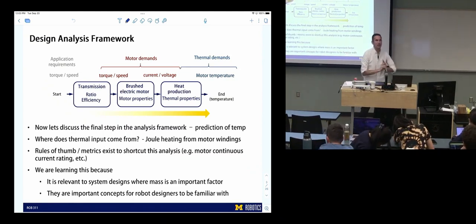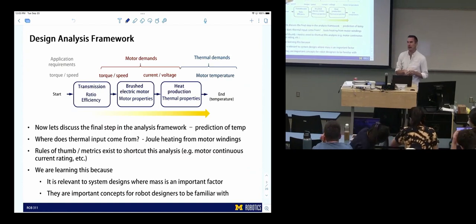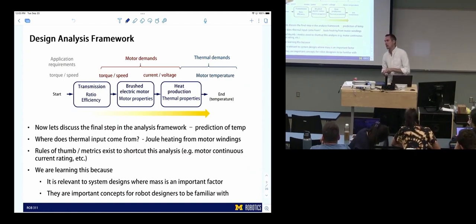And also, this gives you an underlying understanding of the physics that governs actuator use in robots. Even if you don't take every design you do to as detailed an analysis as possible, understanding the underlying mechanics is valuable enough for us to spend this time.